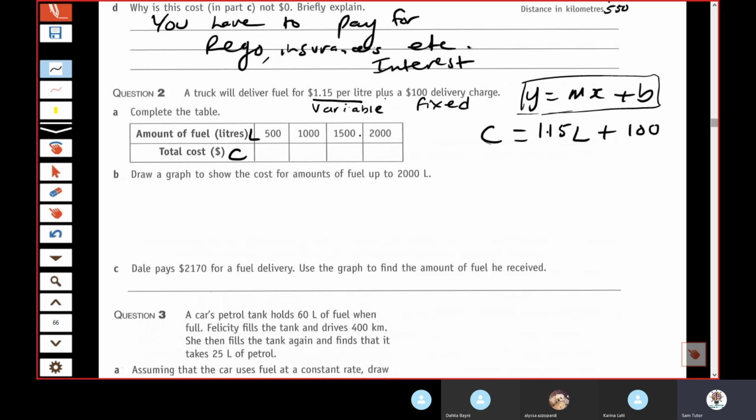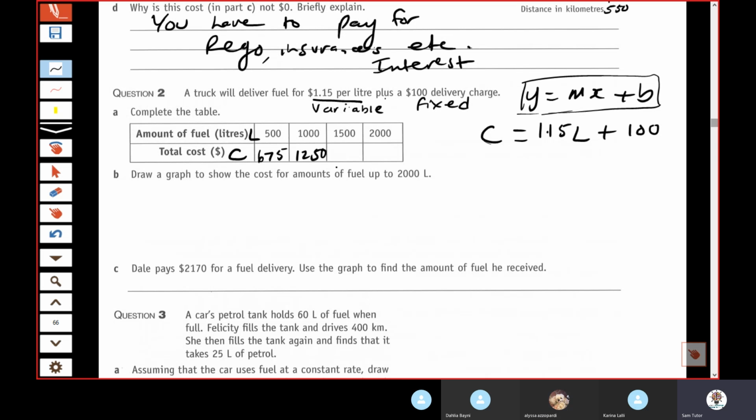Total cost. Now that we know the equation, we could find the total cost pretty easily. It's just going to be $1.15 times 500 plus 100. So the first one, I've got my calculator, $1.15 times 500 plus 100 equals 675. Next one, if it was 1,000, $1.15 times 1,000 plus 100, $1,250.